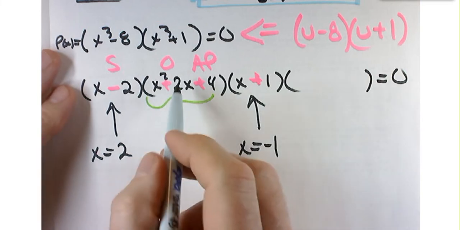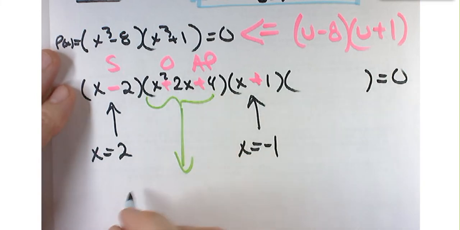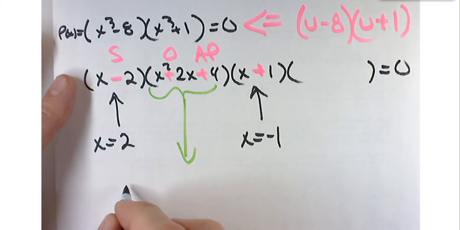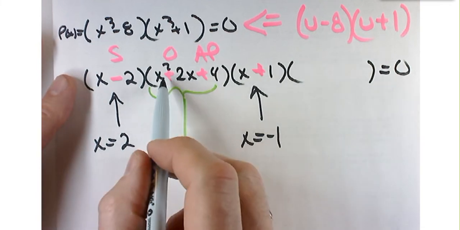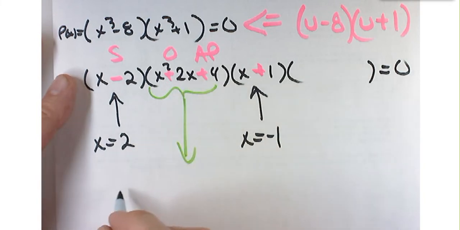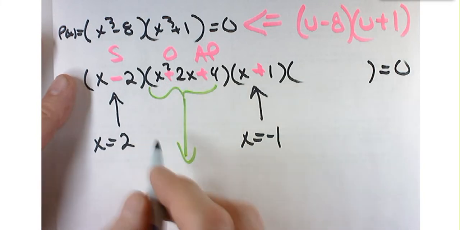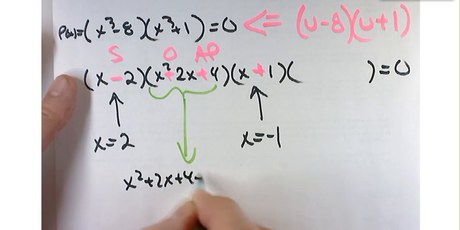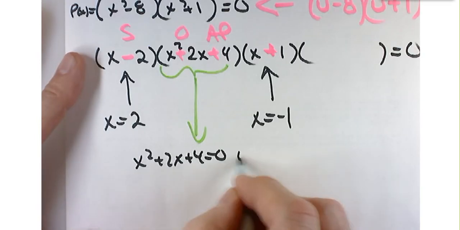No, it's close. If that was a 4x, it'd be x plus 2 squared, which is x squared plus 4x plus 4. But this won't ever factor for you. We've got a 2x there. So what you're going to have to do is solve that x squared plus 2x plus 4 equals 0 with the quadratic formula.